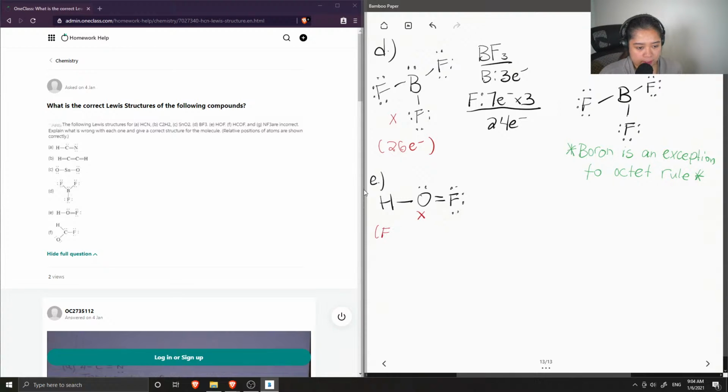And you'll notice that it has more than a full octet as well, which is unlikely. So I'll just say fluorine has more than 8. And we have 14 here, but let's calculate how many electrons we're supposed to have.